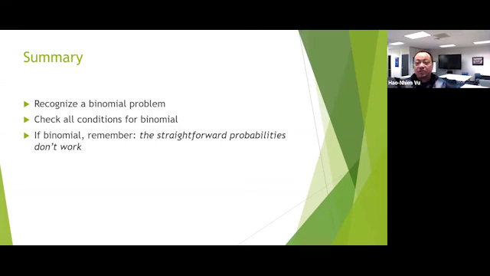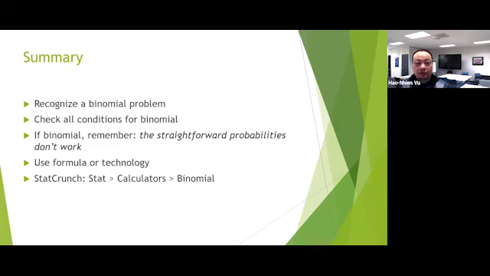If the question asks for something like, what's the probability of getting 3 correct answers out of 10? The answer is not going to be just 3 over 10. You have to either use the formula for binomial or use technology. Chances are your professor or teacher will allow you to use technology. I certainly allow it. And on StatCrunch, the steps are Stat, Calculators, Binomial.